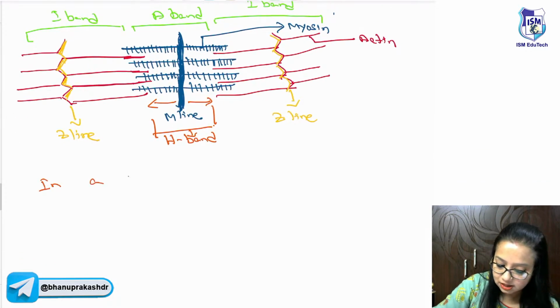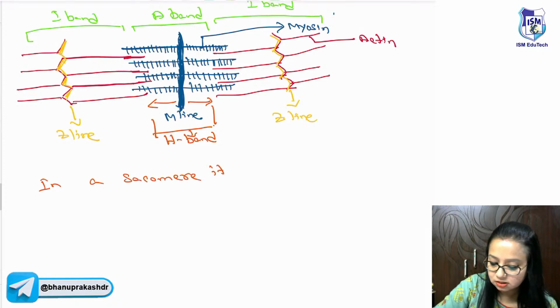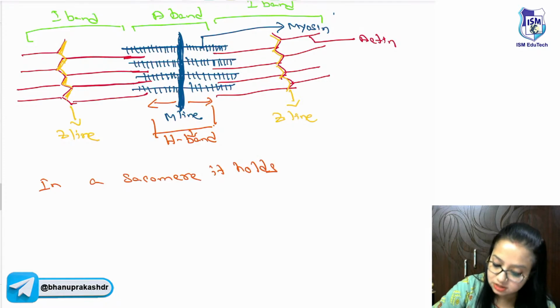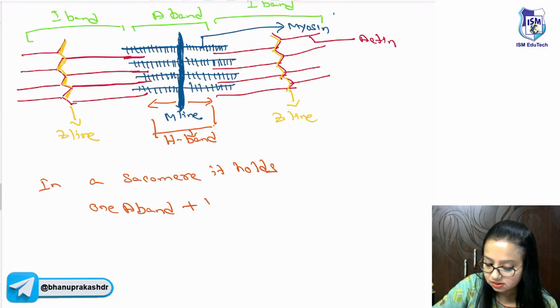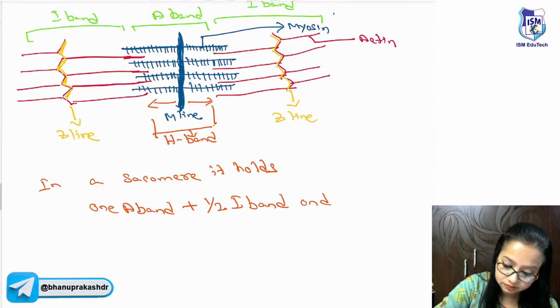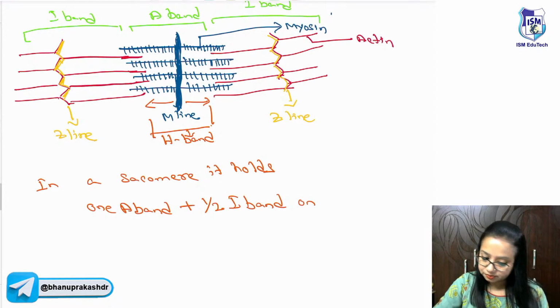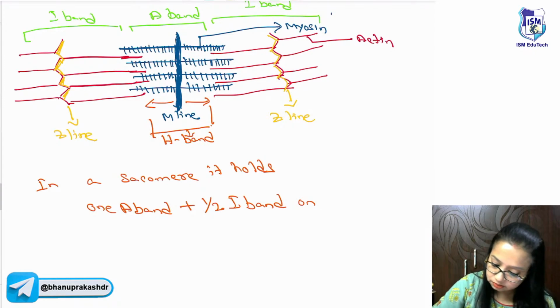In a sarcomere, in one unit of sarcomere, it holds one A band plus half I band on either side.